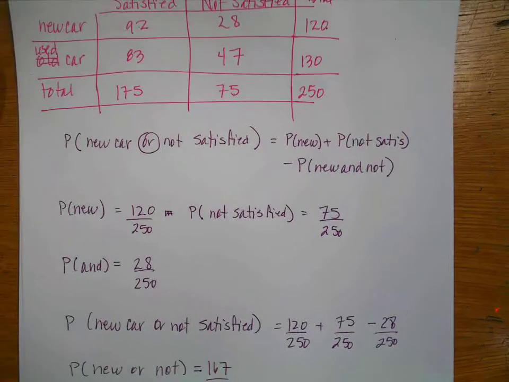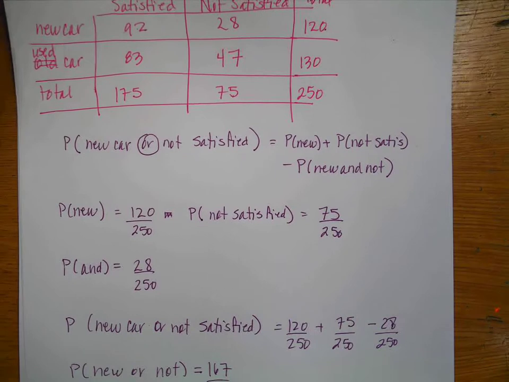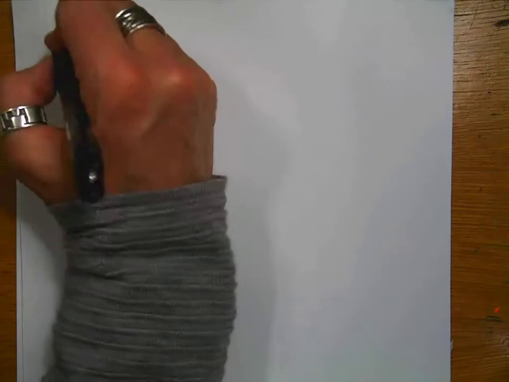Well, that's kind of sad. Okay, so sometimes we can do probabilities from a table instead of just doing it from like a dice chart or rolling coins or some such thing.